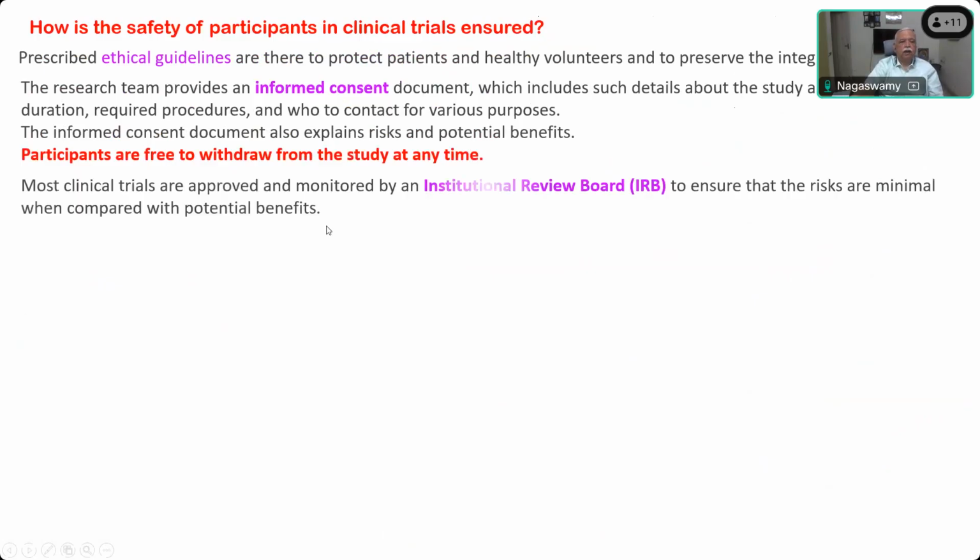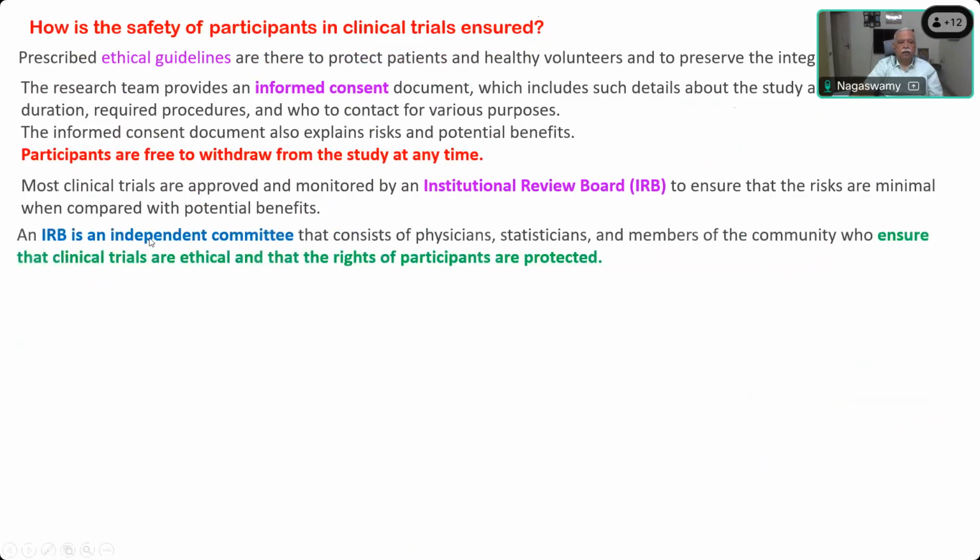Okay, and most clinical trials should have an institutional review board, IRB. All of you would have written in your thesis, institutional review board concurrence or approval was sought.